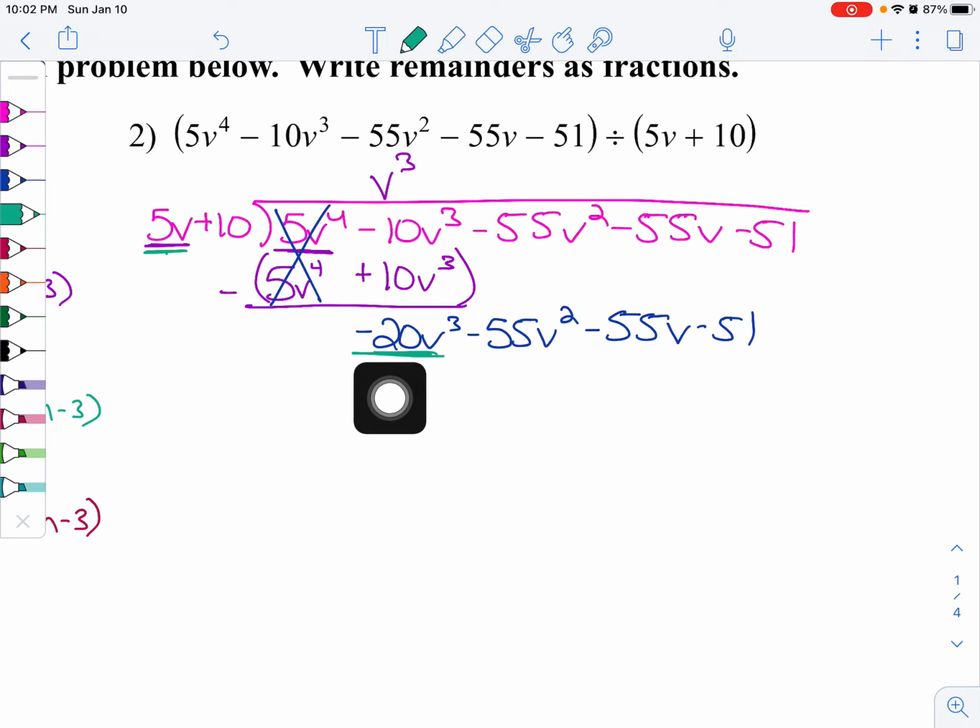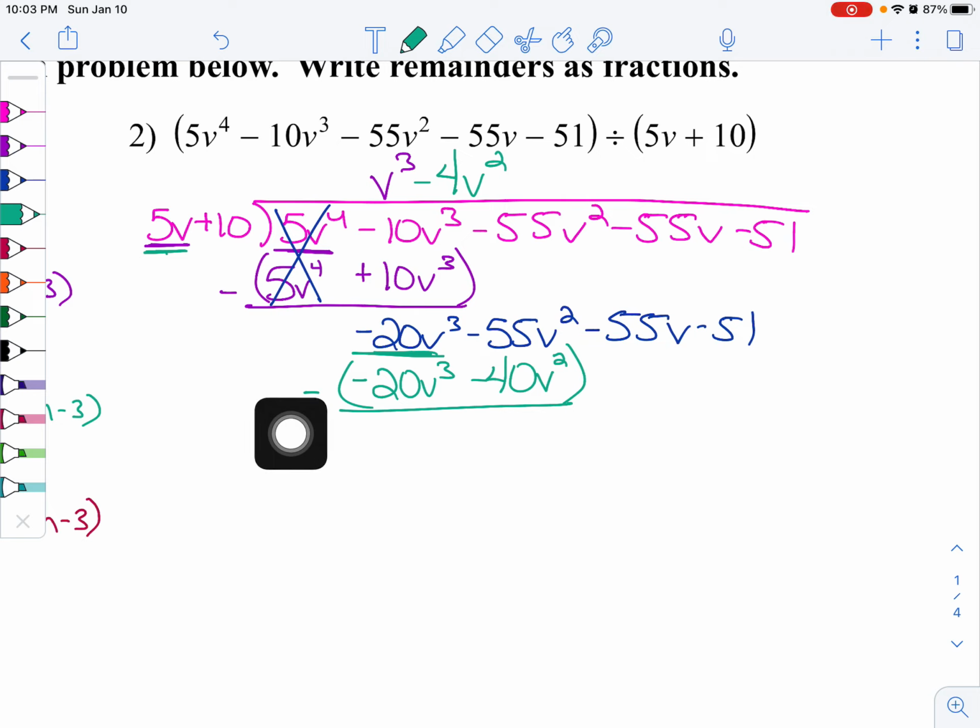So negative 20v cubed divided by 5v would be negative 4v squared. And now I'm going to distribute it to both of these terms to figure out what's stacking up here. So negative 20v cubed and then negative 40v squared. So stack those up and subtract them.